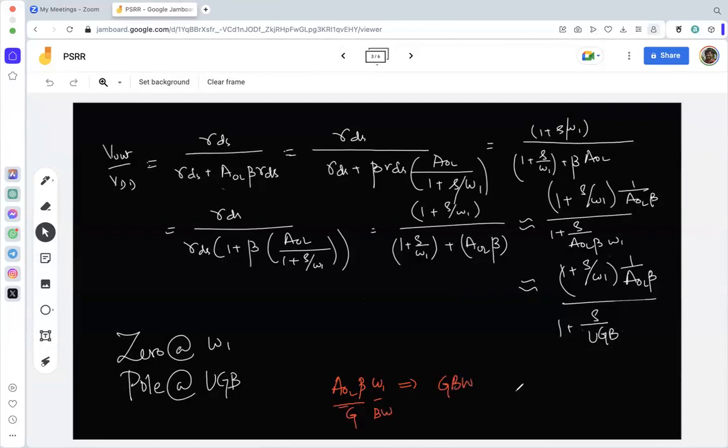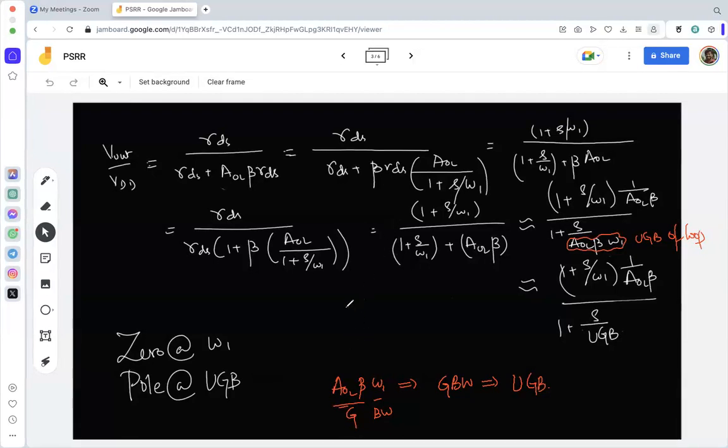Gain bandwidth product is nothing but unity gain bandwidth. So this expression gives you the unity gain bandwidth of the loop. Meaning, at the unity gain bandwidth of the loop, you have a pole in the PSR plot.